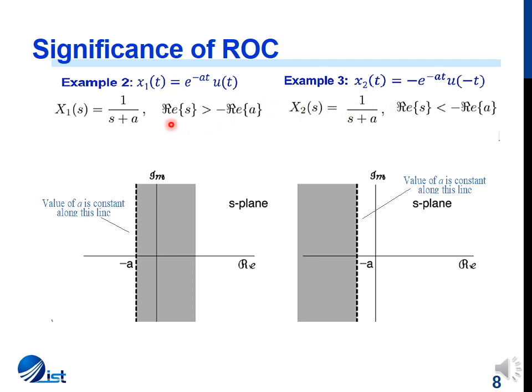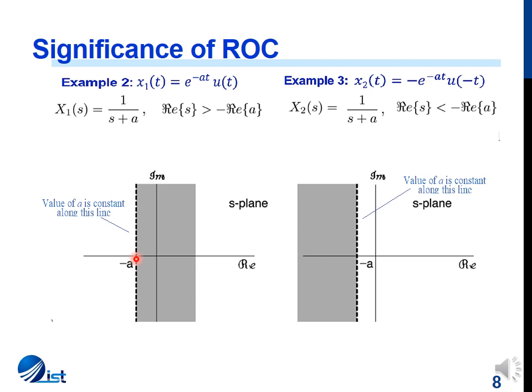In the first case, we see that the ROC is such that the Laplace transform exists in the region when real of s is greater than minus real of a. What is minus real of a? Basically, minus a means that it is greater than the value minus a.